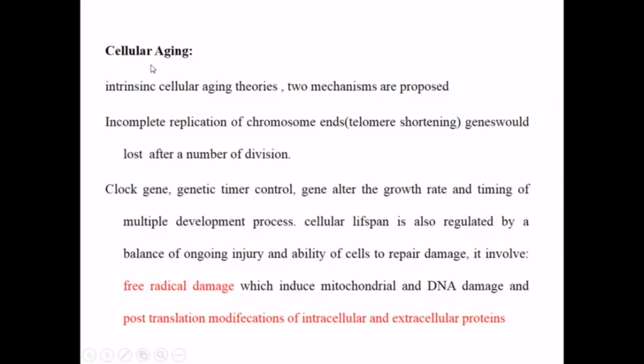So there is intrinsic or extrinsic. Intrinsic has two mechanisms: incomplete replication of chromosome ends, or loss of chromosome after division, or the clock gene, a genetic timer control, timing the developmental process.